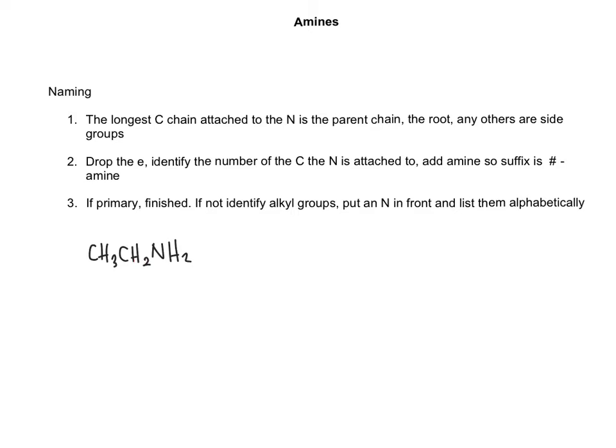But we were going to, two carbons is ethane, so we drop the E and add amine. So this structure becomes ethane, drop the E, amine, ethanamine.